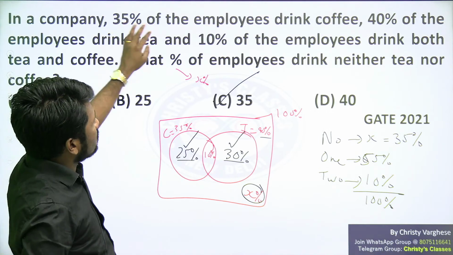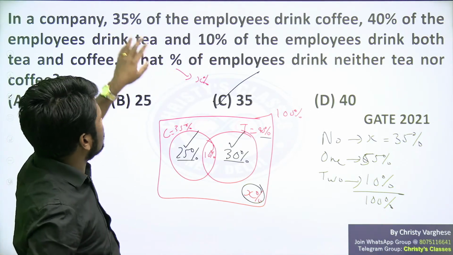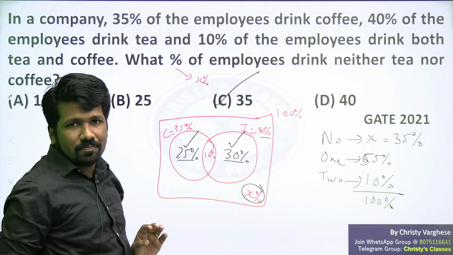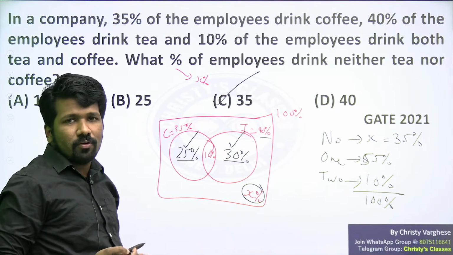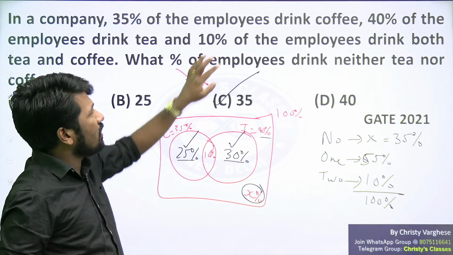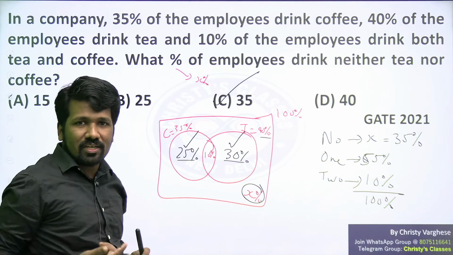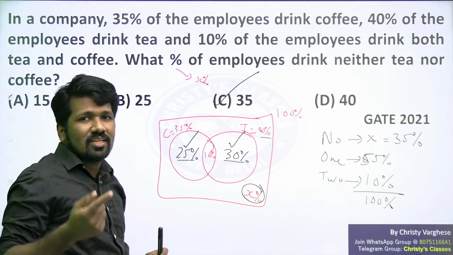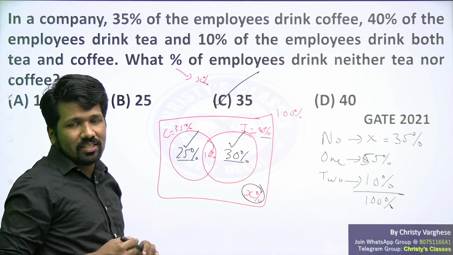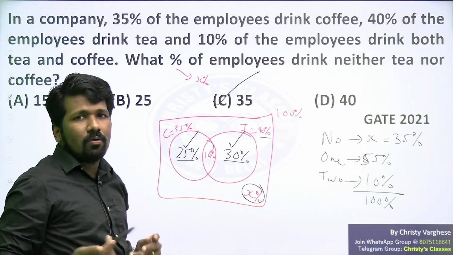When you see 35%, you understand that this 10% is repeated in 35 and 40. So you just add 35 plus 40, 75. In that 75, 10% is repetition, or A intersection B. You can subtract A intersection B. Yeah, the union formula also you can use.